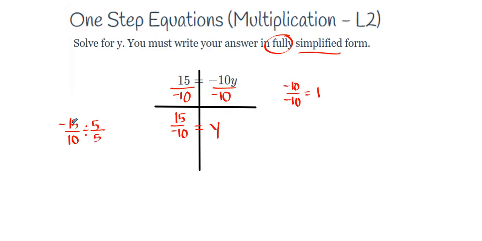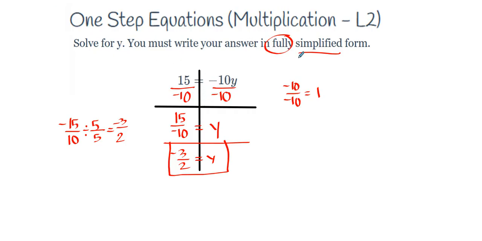So in this case, 15 divided by 5 is 3, and negative 10 divided by 5 is negative 2. So this simplified form would be negative 3 over 2 is equal to Y, which would be the final answer. Unfortunately, they did say simplify, so if you don't simplify, that will be wrong.